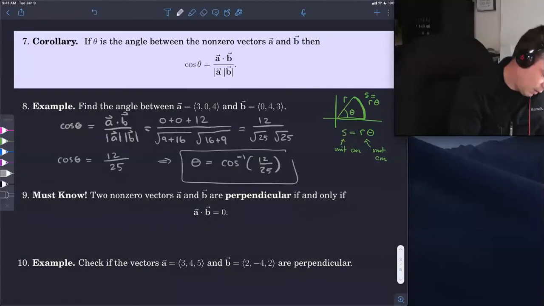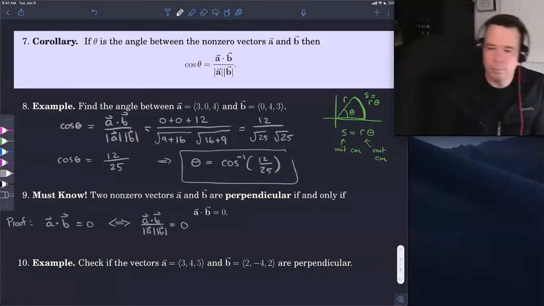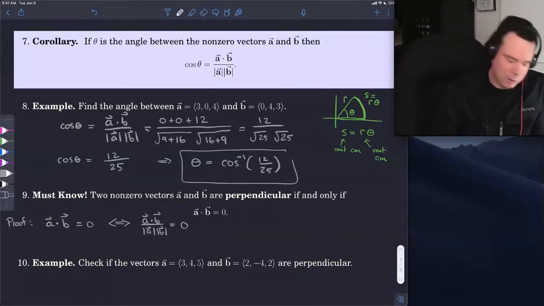So let's go ahead and prove this result, just so we can say we proved it. If the dot product is 0, then the dot product over the magnitudes of the two vectors is equal to 0, because the numerator is 0, so that ratio would be 0.